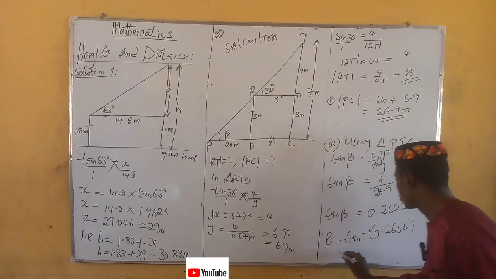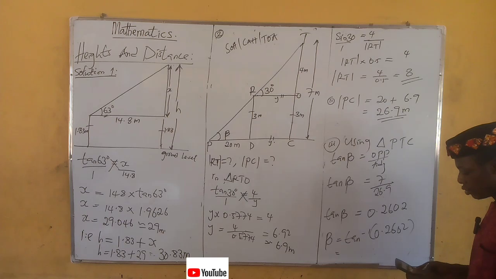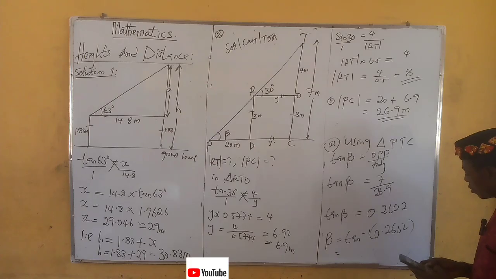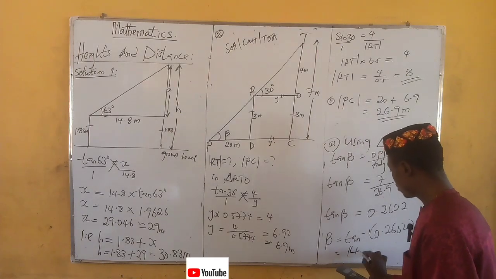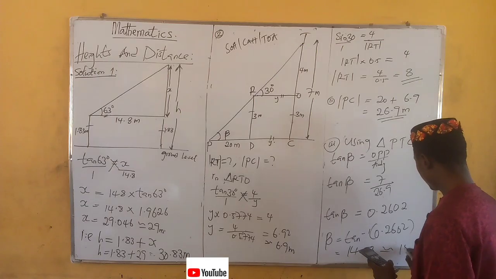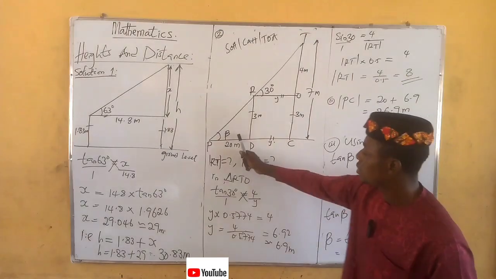By the time you press shift, then tan of 0.2602, it is going to give us 14.58, which is approximately 15 degrees. So our beta is 15 degrees.